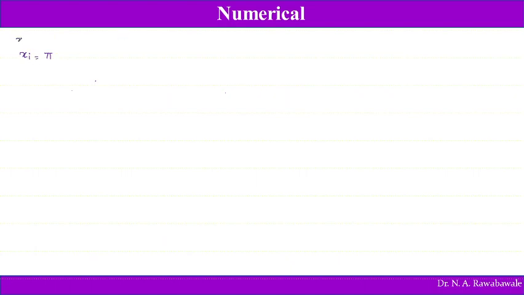So xi minus 1 is equal to pi minus pi by 4, that is 3 pi by 4, and xi plus 1 is equal to pi plus pi by 4, which works out to be 5 pi by 4.